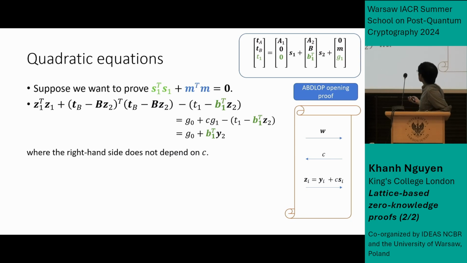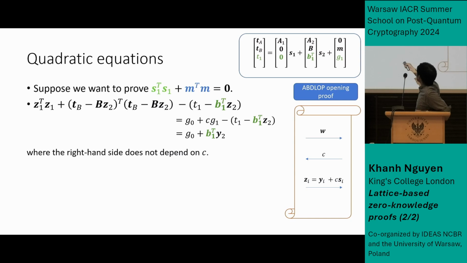Okay, so now if I commit to G1, then because T1 is equal to B1 transpose S2 plus G1, I can write CG1 as T1 minus B1 transpose Z2.